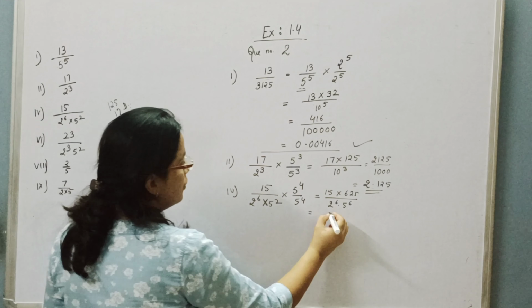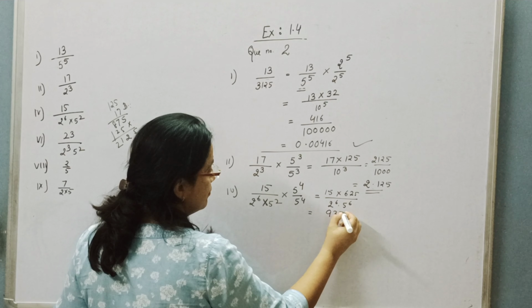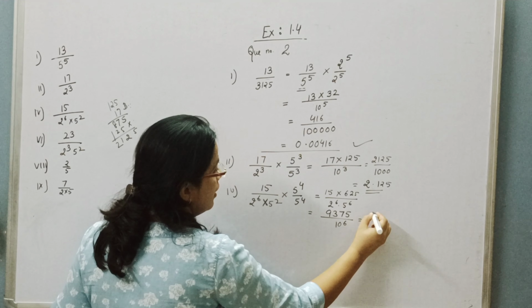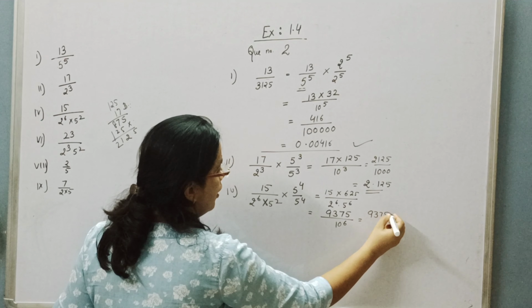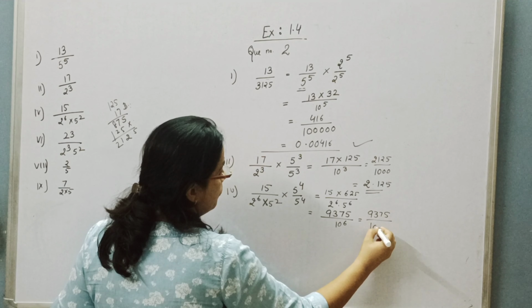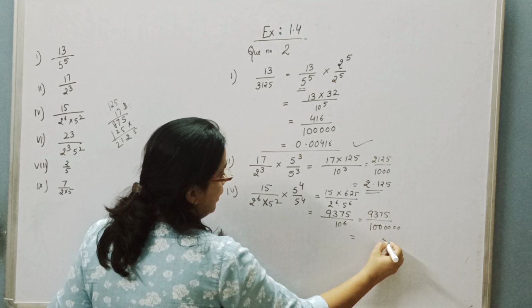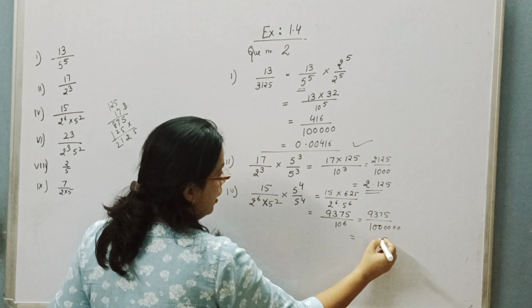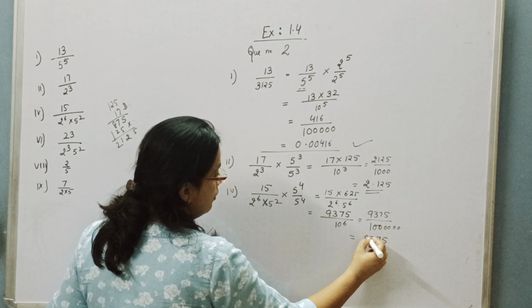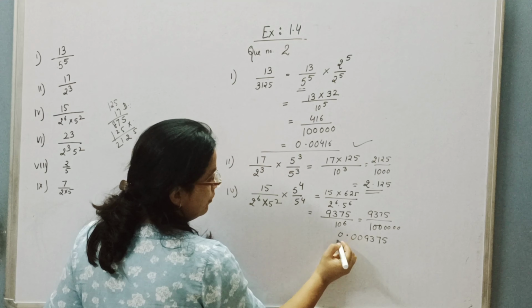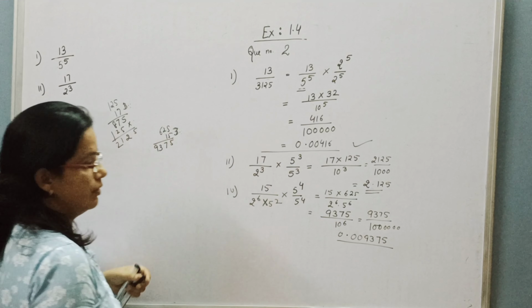This is 9375 over 10 raised to power 6. So you can write 9375 and put the 6 zeros. Now apply the decimal: 7, 1, 2, 3, 4, 5, 6. So this is your answer.